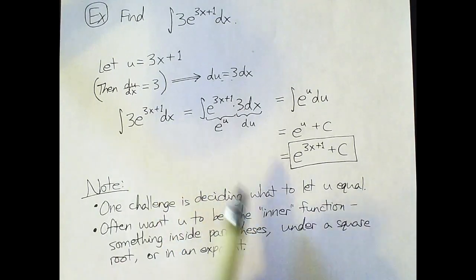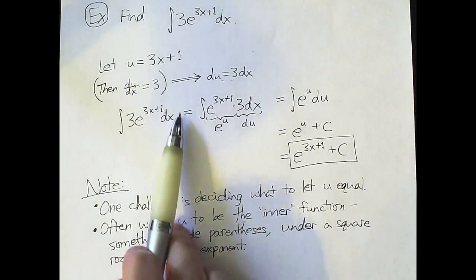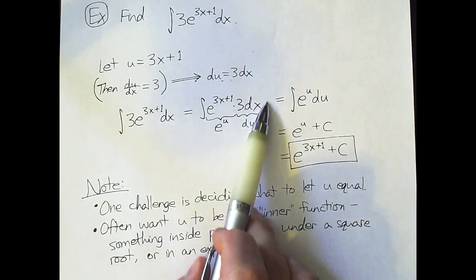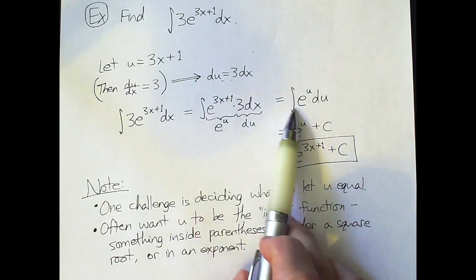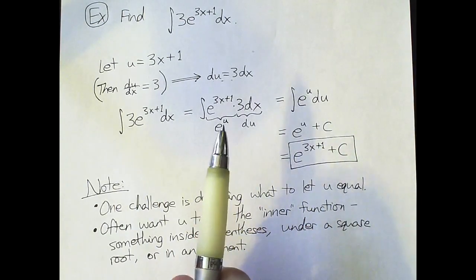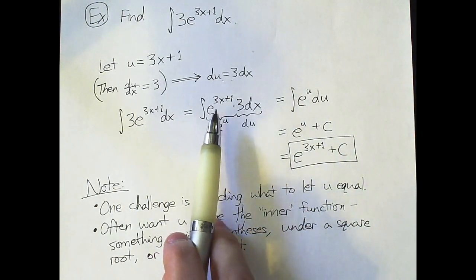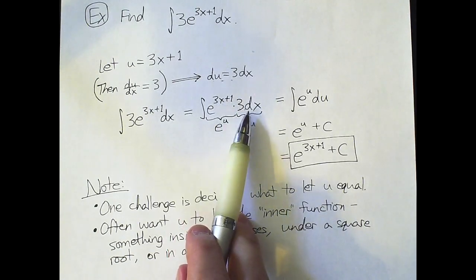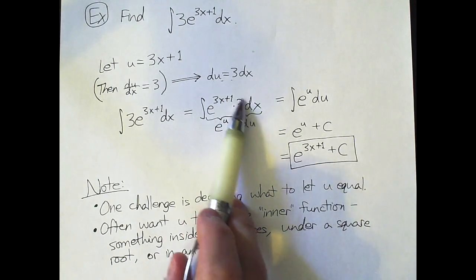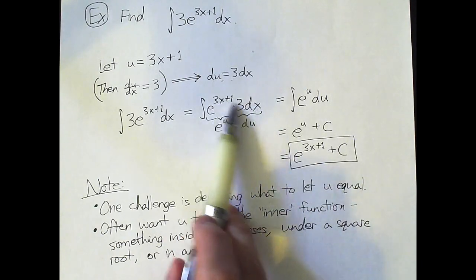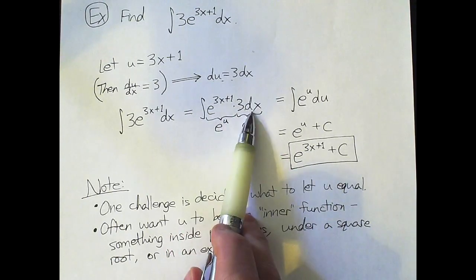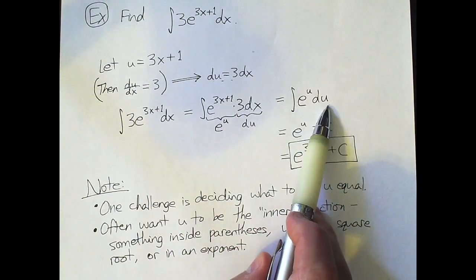One other thing I want to mention before we move on, notice that we have the problem entirely in terms of x, and then entirely in terms of u. At no step in this process do I have an expression with x's and u's at the same time. Like, I don't have a 3x plus 1 and then a du. Don't do that. Don't mix x's and u's in the same expression. It's all in terms of x, and then it's all in terms of u.